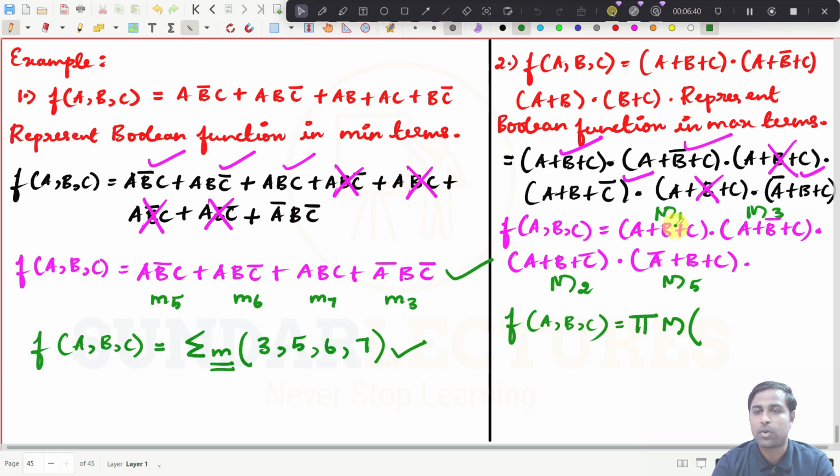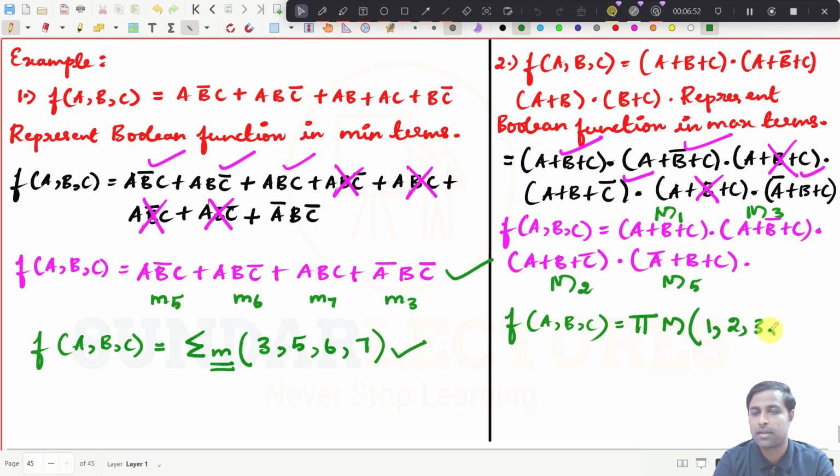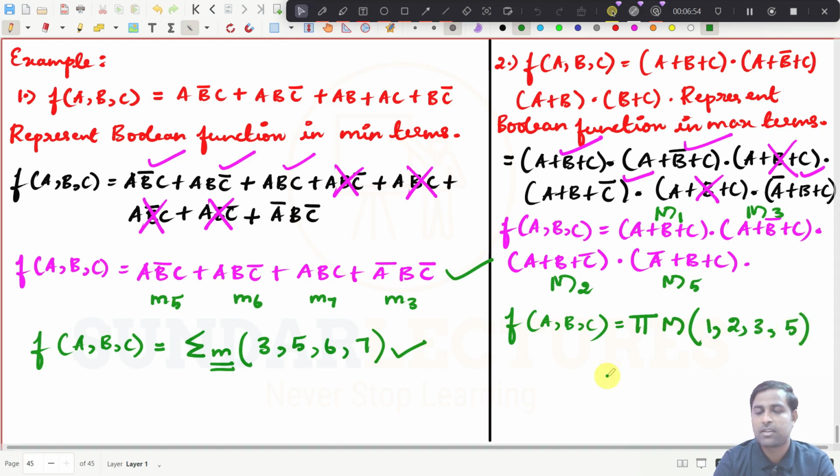I have to write all the ones. M1 is there, so you don't need to put M1, M2, you directly put numbers, 1 comma, 2 is here, 2 comma, 3 is here, 3 comma, and then 5. That's all. See here, I have represented this whole Boolean expression in terms of max terms.